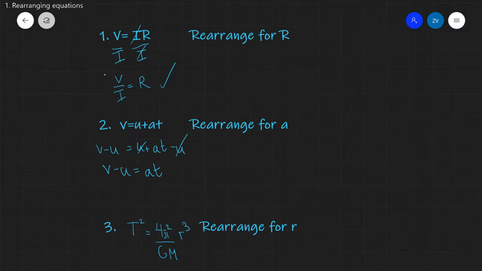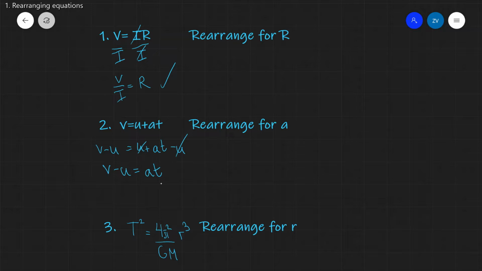and what we're left with is that V minus U is equal to AT. Now, this step is often skipped when you are solving problems because you get so used to the idea that if you have V being equal to U plus AT, if you were to bring the U to the other side of the equation, it will turn negative. So what we get is V minus U is equal to AT.